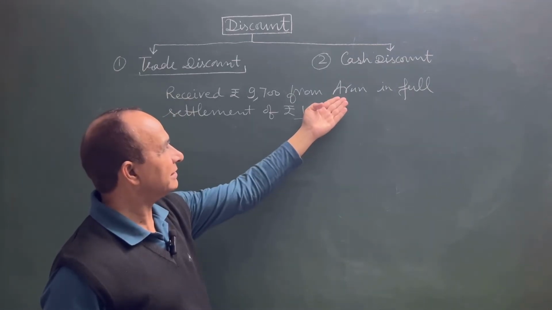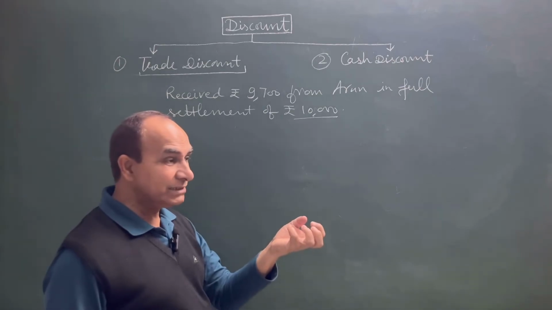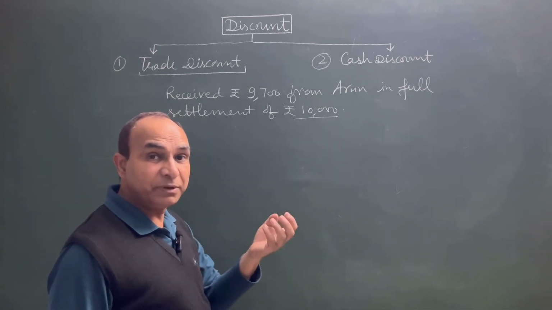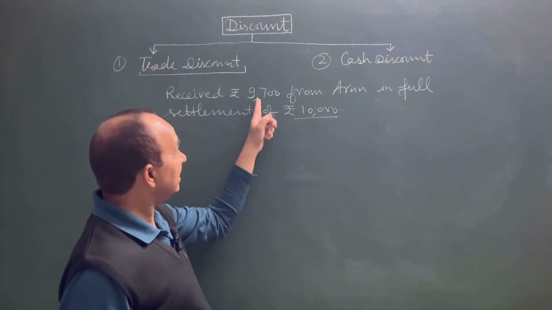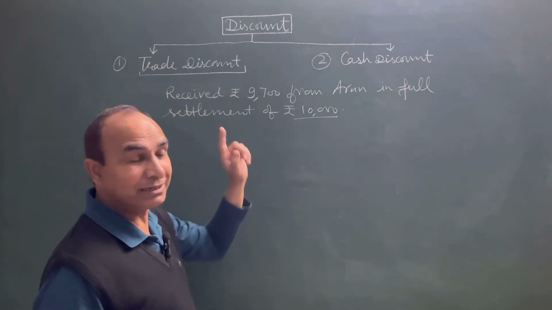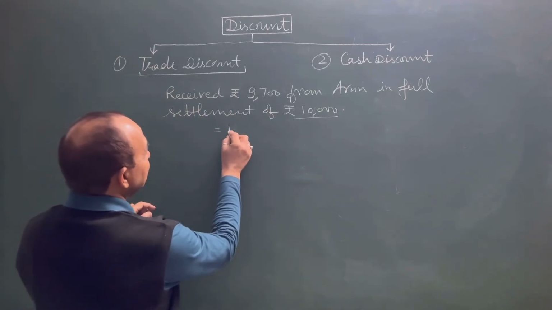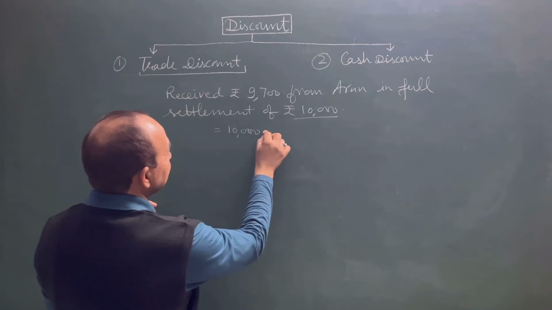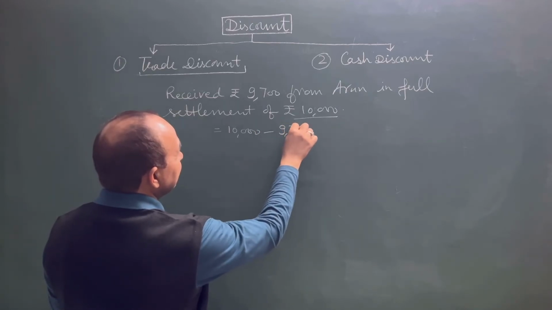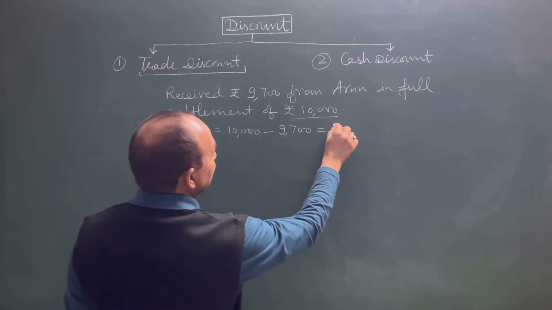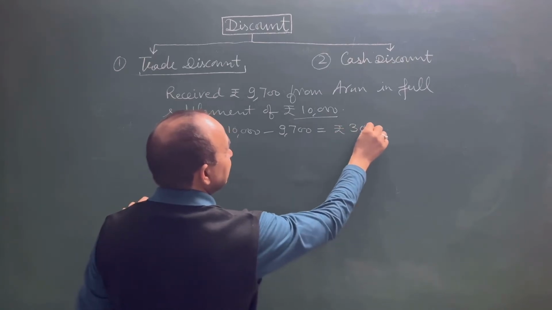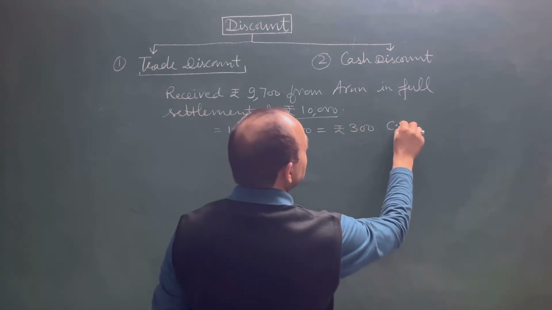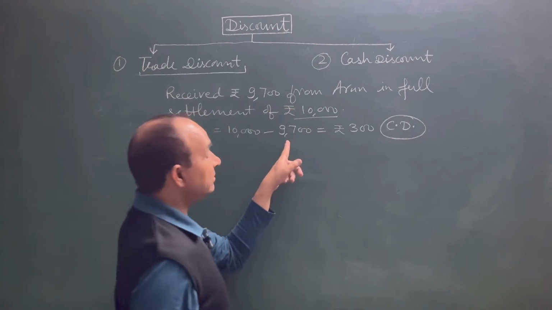He is our debtor. In order to receive payment immediately or before time, we allowed him a discount of rupees 300. See, the total amount to be received was 10,000 and we received only 9,700. So rupees 300 is the cash discount, and it is a loss to us.